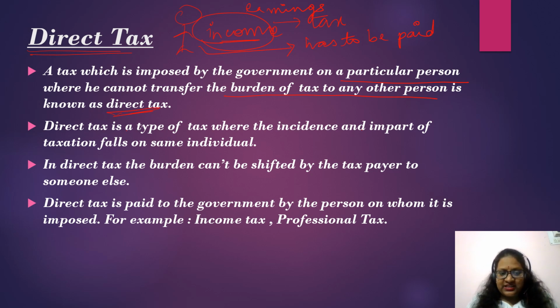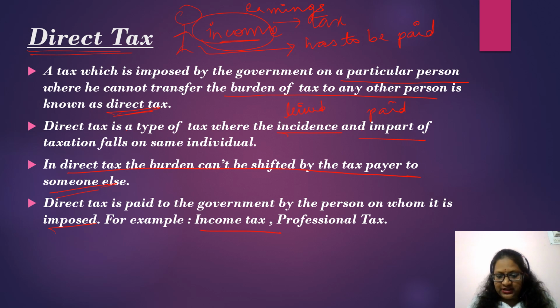Direct tax is a type of tax where the incidence and the impact of the taxation fall on the same individual. That means it is levied on the same individual and also it is paid by that same individual and it cannot be transferred to anybody else. In direct tax, the burden can't be shifted by the taxpayer to someone else. Direct tax is paid to the government by the person on whom it is imposed.